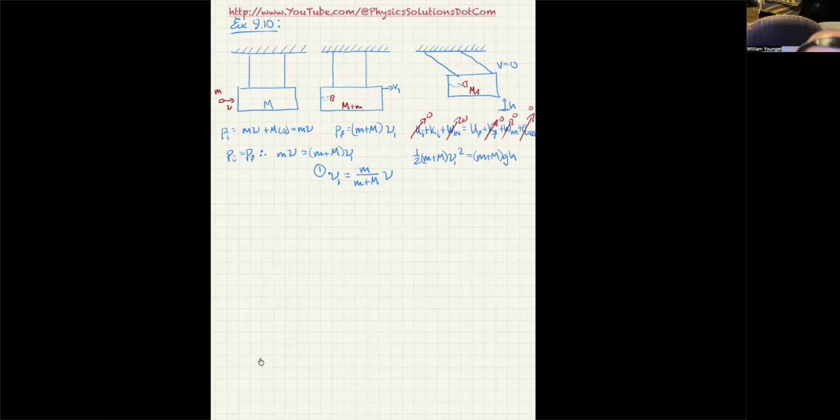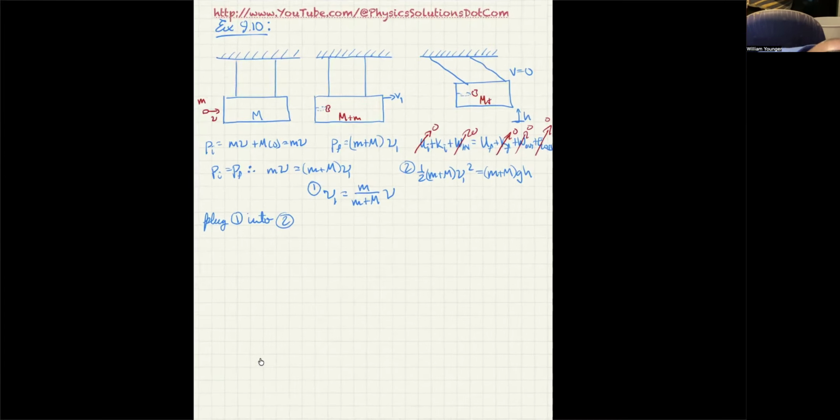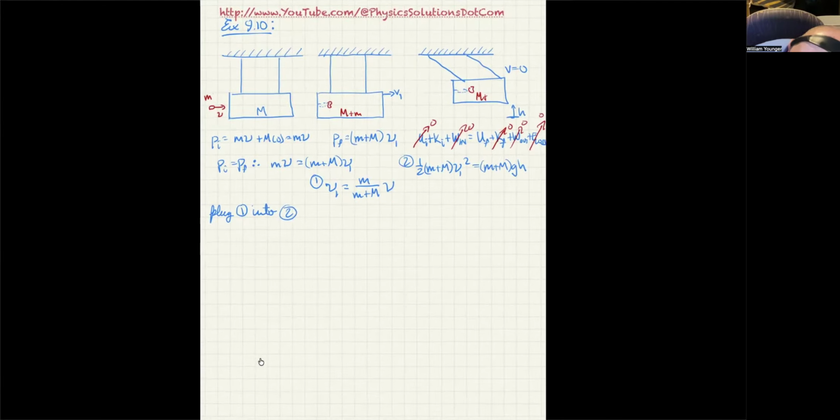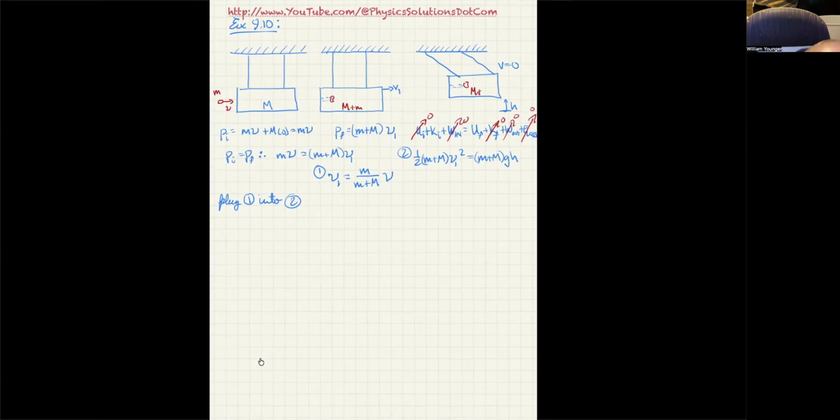So I have now equation 2, and I'm going to plug 1 into 2. For starters, I know I can get rid of the m plus M. This m plus M and this m plus M can cancel each other out.